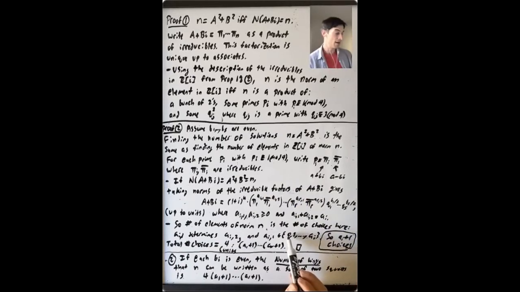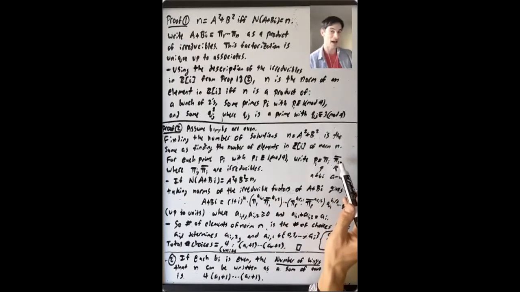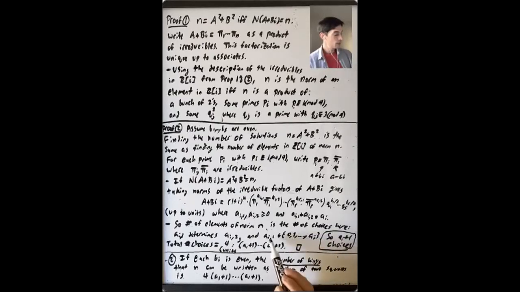Well, maybe we pick no factors of pi i and all ai factors of pi i bar. Or maybe we pick 1 pi i and ai minus 1 pi i bars. But altogether, ai1 is some number between 0 and ai. So how many choices are there here? ai plus 1 choices.